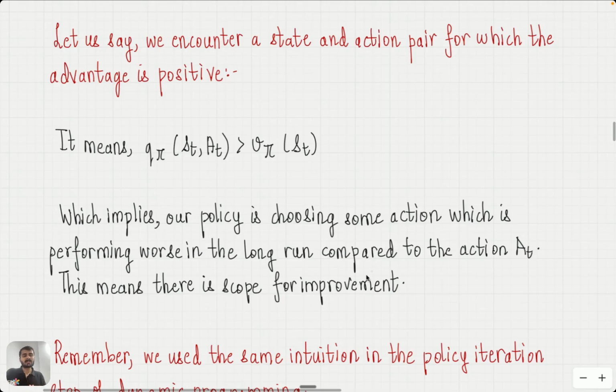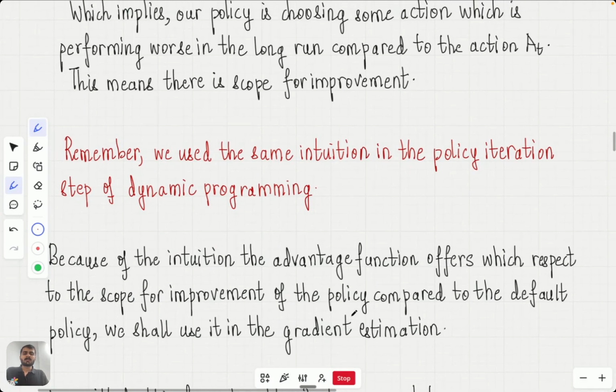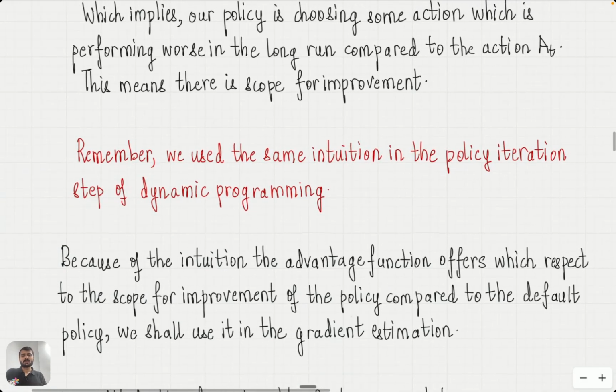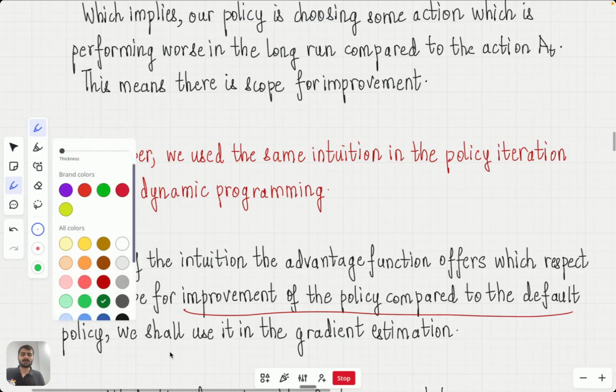If the answer was yes, then we knew that there is a scope for improving the policy. So we had the policy improvement step. If for all the states the advantages are negative, it means that your policy is indeed optimal. So, because of the intuition the advantage function offers with respect to the scope for improvement of the policy compared to the default policy, we generally use it in the gradient estimation step.